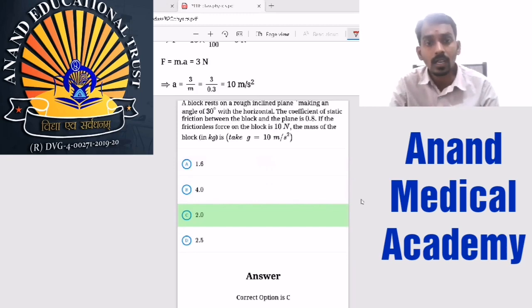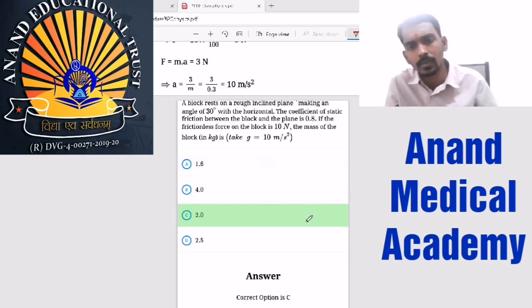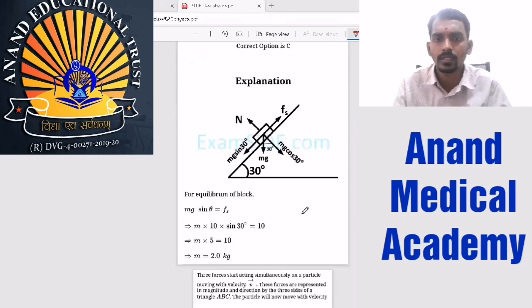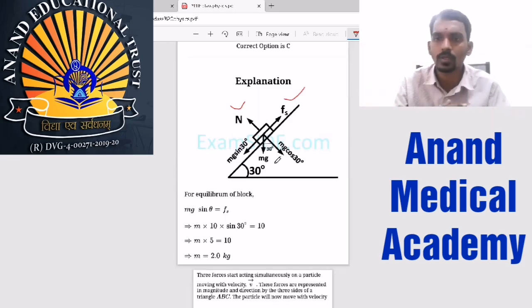So a block rests on a rough incline making an angle. So here it is at rest. So what condition do you have to take? Equilibrium condition. Equilibrium means all the forces must be balanced. So you have to take the gravitational force, the normal reaction, and resolve them into components and balance them. As they have shown, normal reaction, frictional force and mg, all the forces.